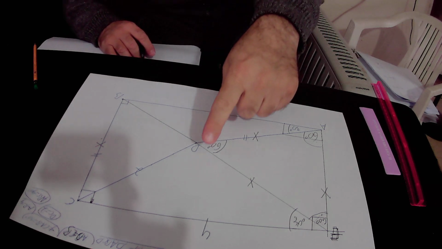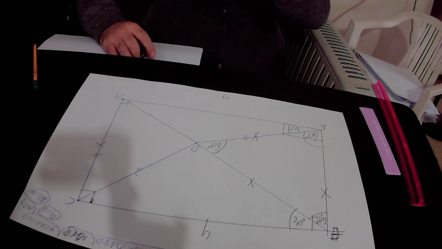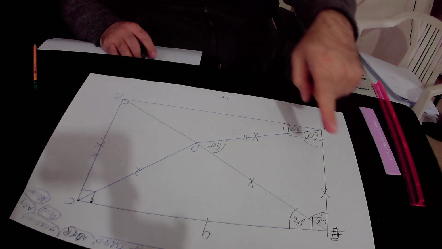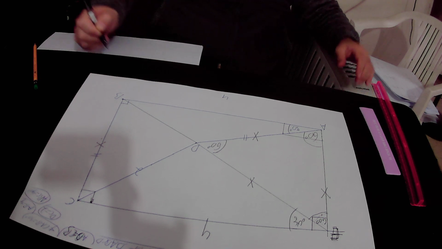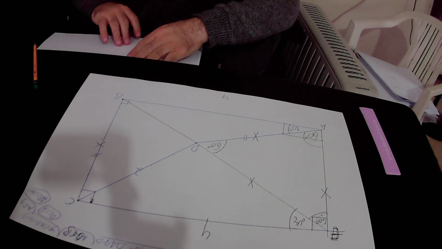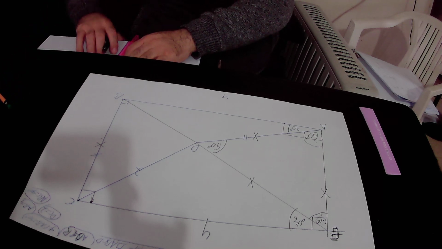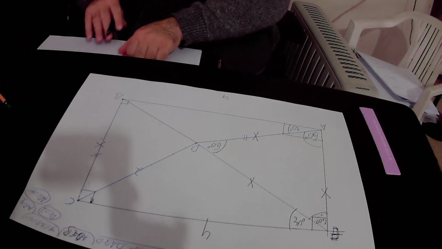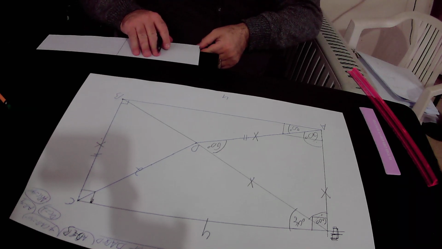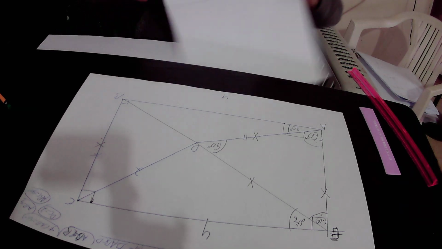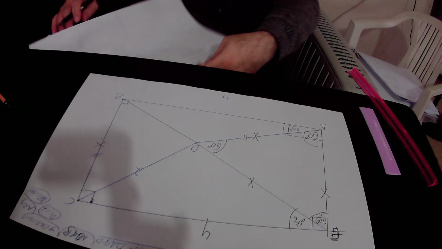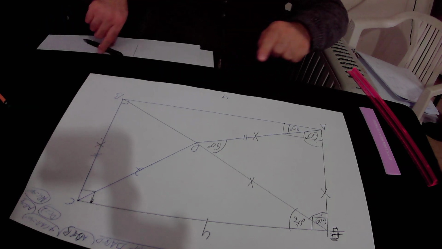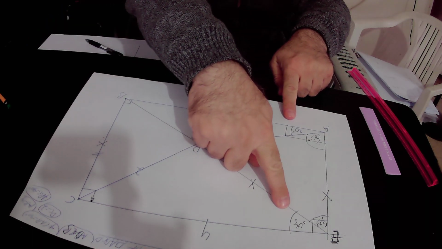Why are those two triangles congruent to each other? First of all, we know that AB equals EC equals 4 units. We also know that those two angles are equal to each other, both equal to 30 degrees.